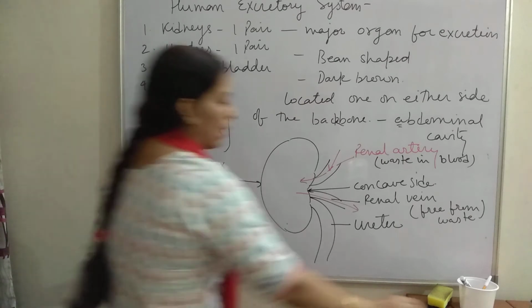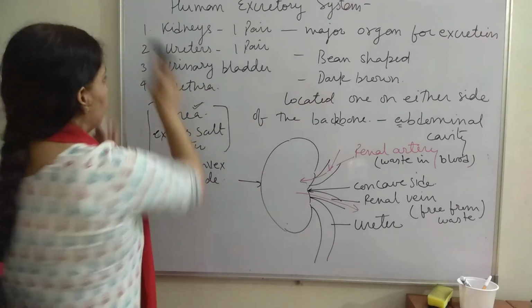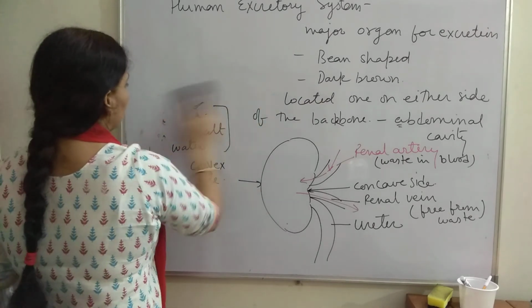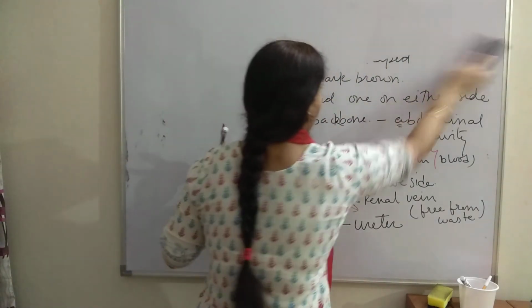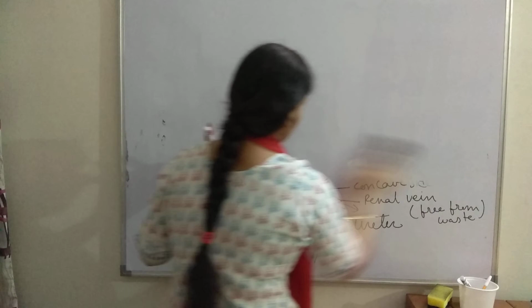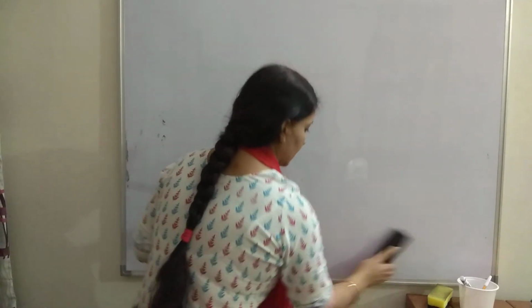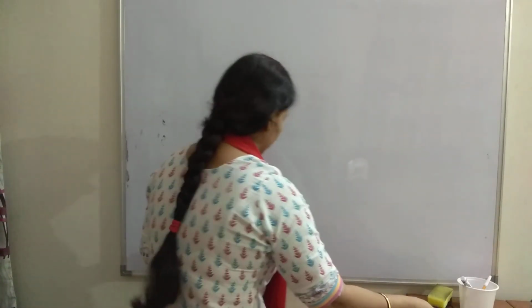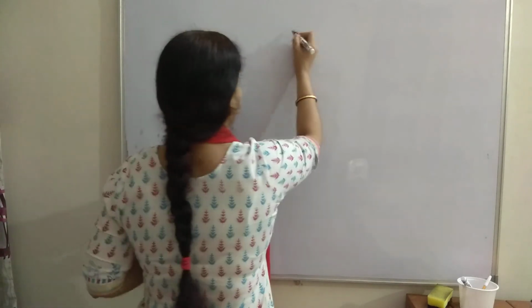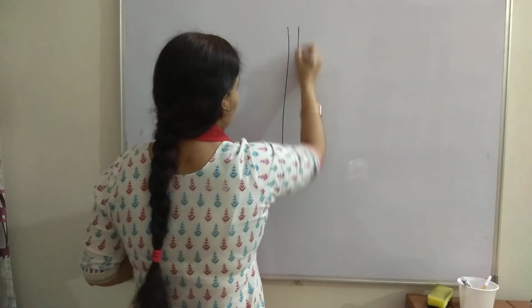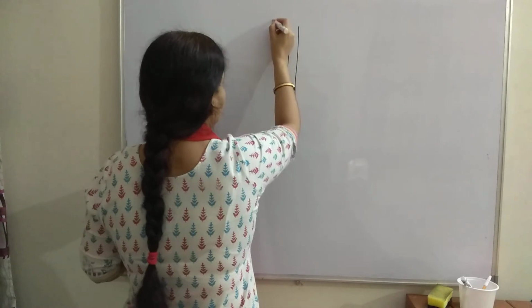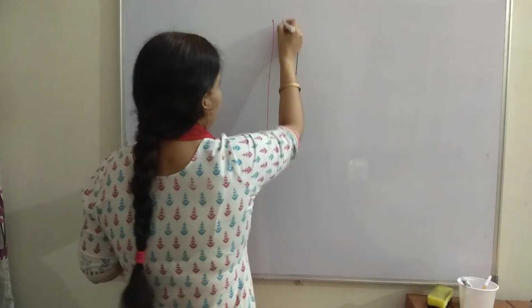Right? Now we will see the parts of the human excretory system, and how all the parts are connected to each other. One pair of kidneys is connected to two blood vessels. One is black, and the other is the red one that I am drawing here.